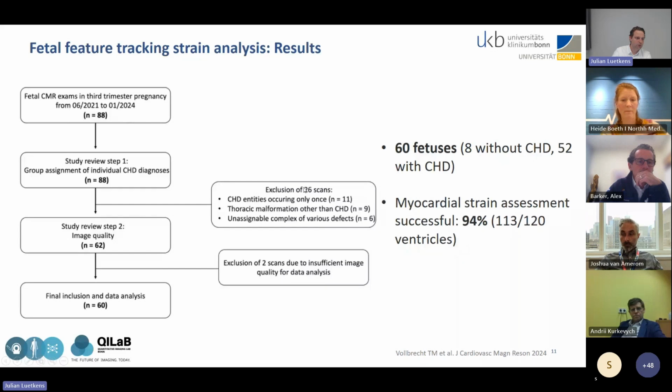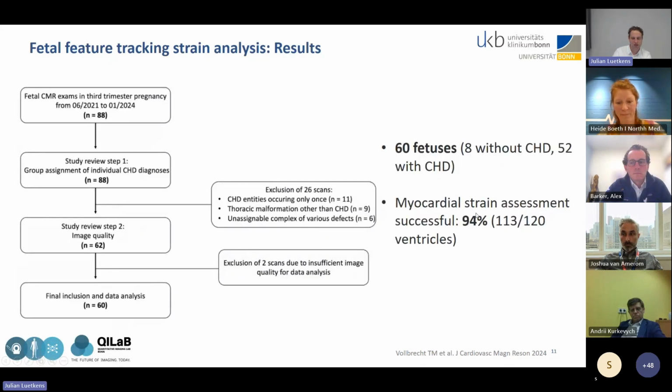So we excluded 26 scans and were left with 62 scans. We also had to exclude 2 scans due to insufficient image quality, and we finally were able to include 60 fetuses in our study.